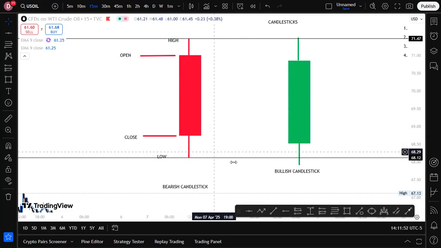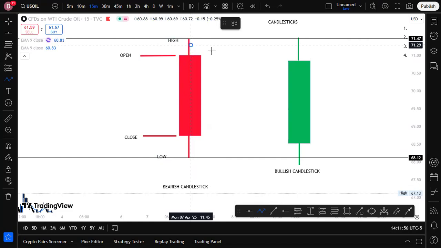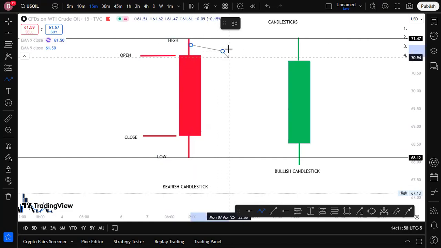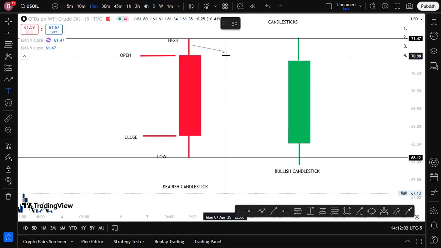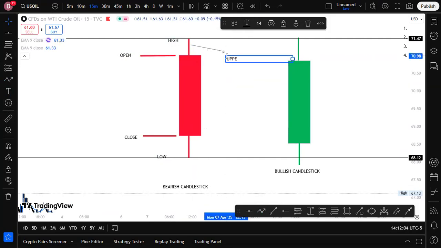For instance, this long line that you see here, we call it the wick. We can call it the upper wick, or you can call it shadow, or upper shadow, whichever one you choose to call it.